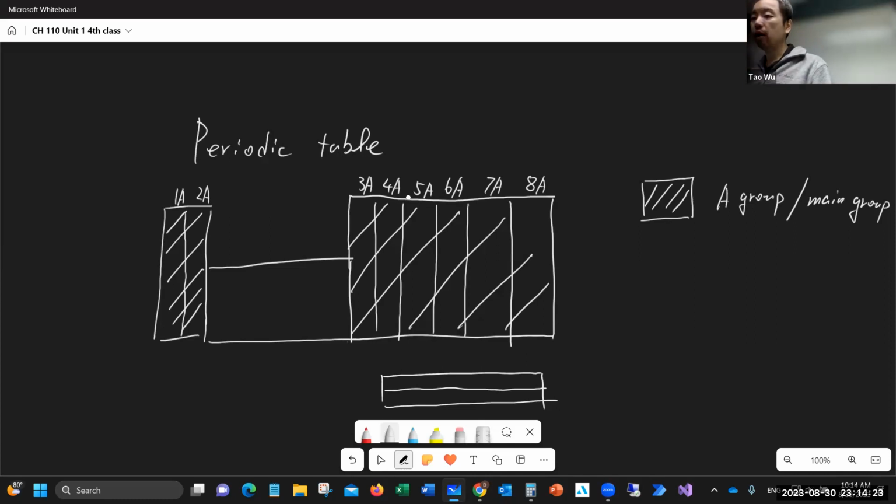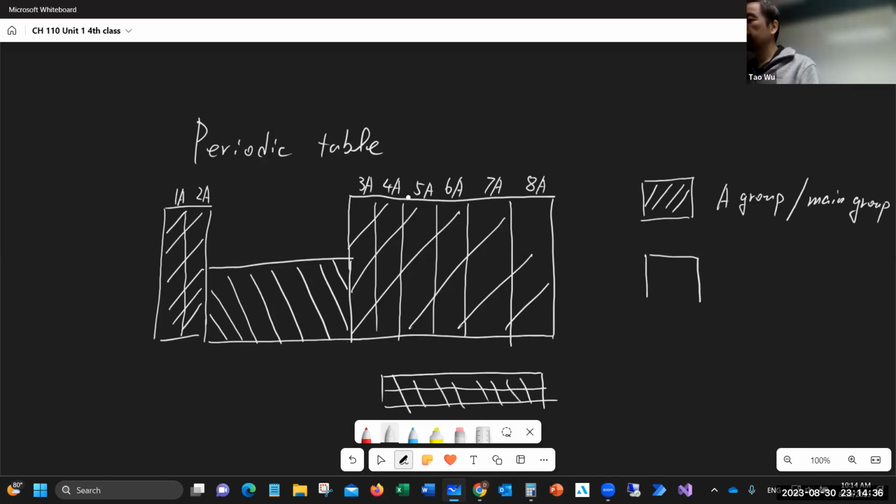For the rest of the others, including these parts, this is what we call the B group, or people call it the transition metals.